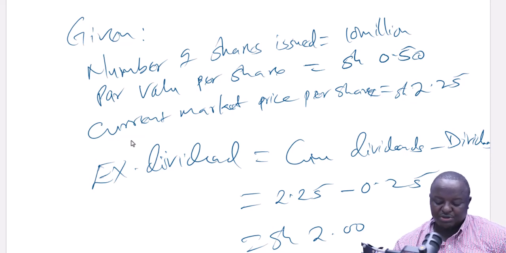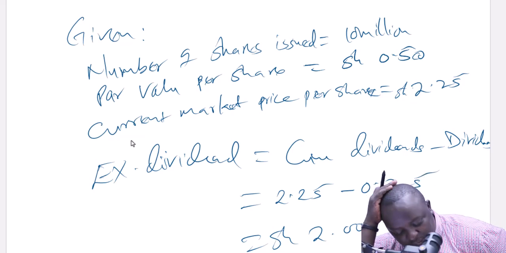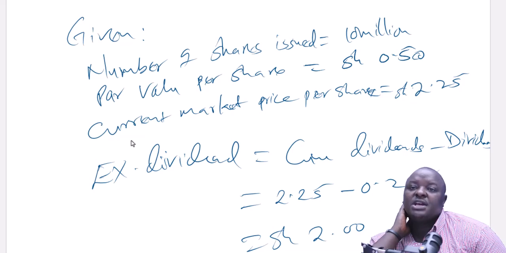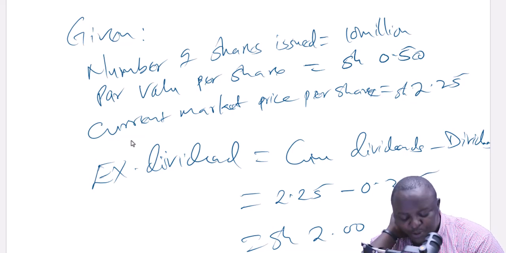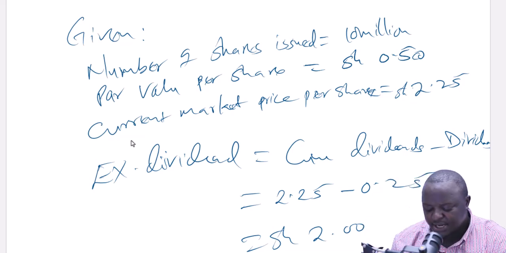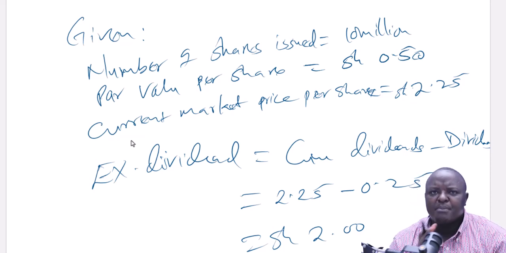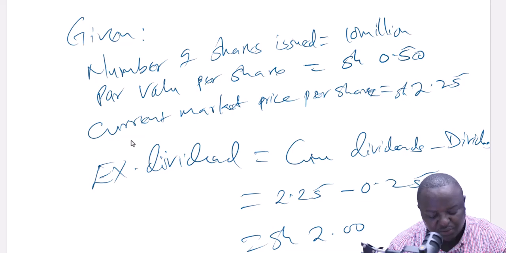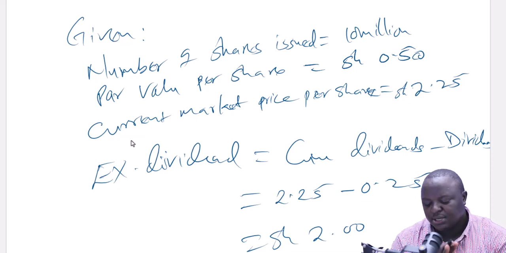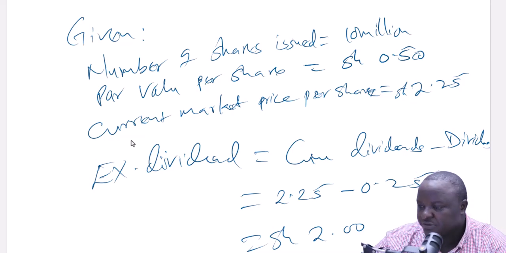So why are we using the ex-dividend price? We are using that because the dividend of 0.25 is a short-term liability and not part of the equity. The market value of equity should reflect only the residual claim of shareholders.